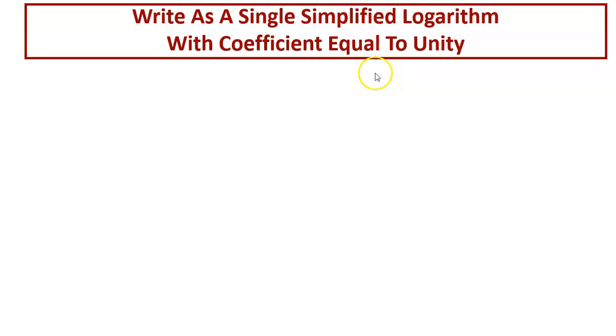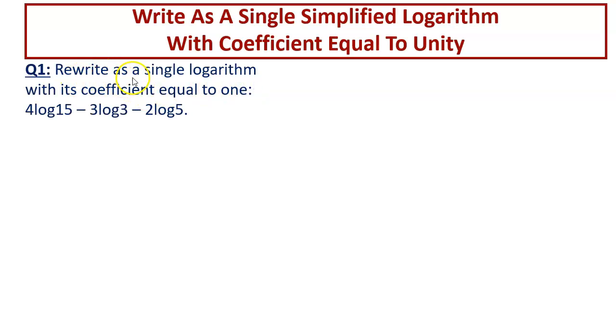Okay? So we start with our today's session. Question number 1. Rewrite as a single logarithm with its coefficient equal to 1. This is the given logarithmic expression which contains 3 terms, and we have to give the answer as a single log term with a coefficient equal to 1, because over here the first term is having a coefficient of 4, the second term is having a coefficient of 3, and the third term is having a coefficient of 2.